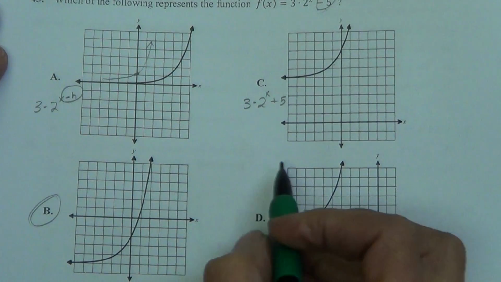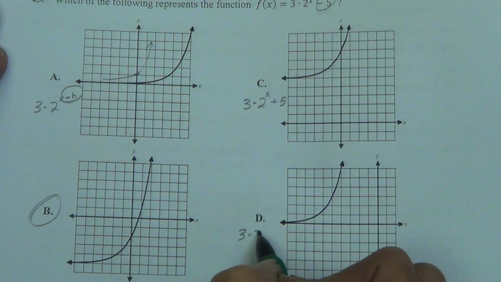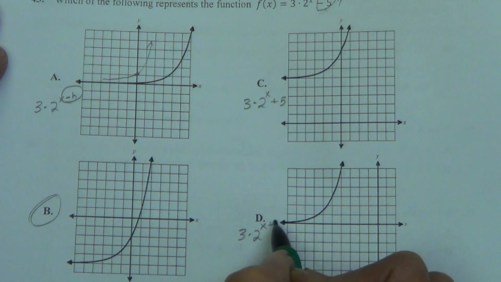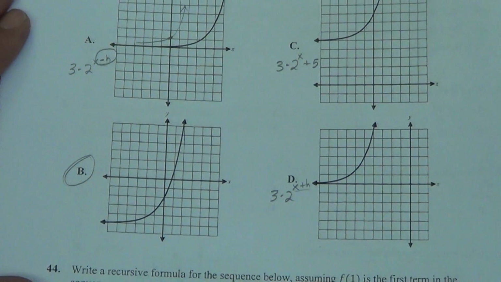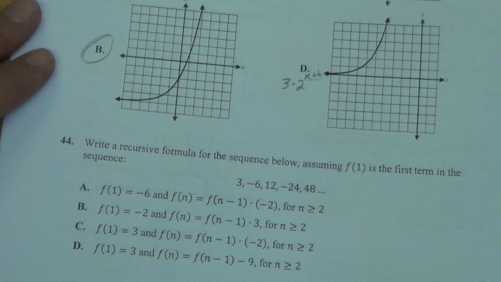And this one goes to the left, so it would be 3 times 2 to the X plus H. Remember, the H's are always backwards, or opposite, I should say, of what they seem like they would be.